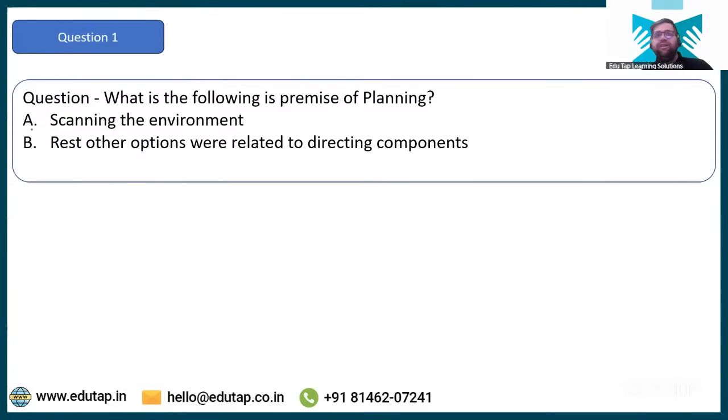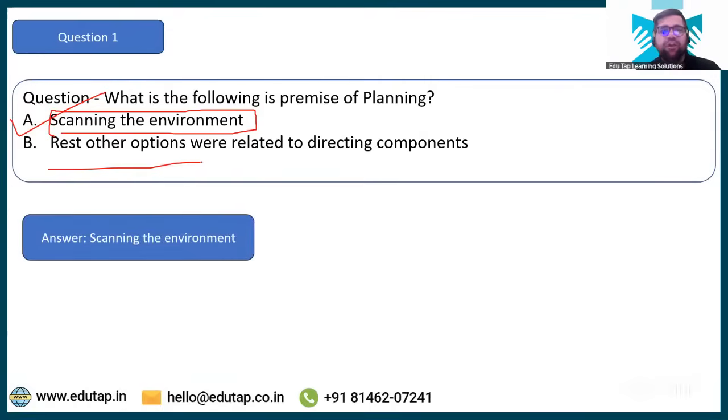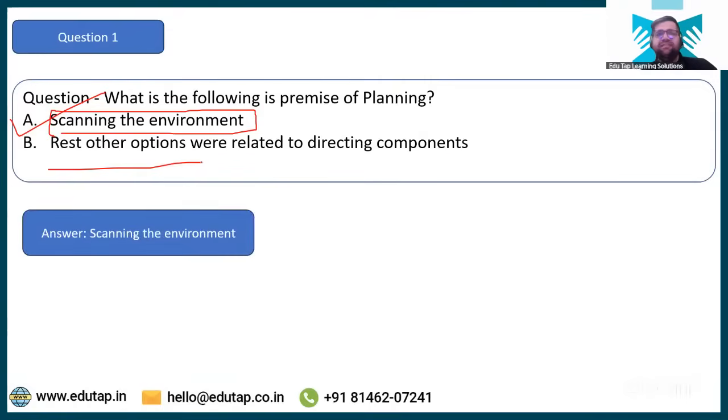So according to me, this answer looks correct. Therefore, I'm marking my answer as scanning the environment. The other options were related to directing components like leading, motivating, and all that stuff. But if you see the premises of planning, then scanning the environment will be the correct answer. Cool. So I'm marking my answer as scanning the environment.